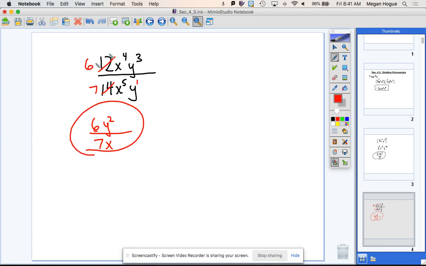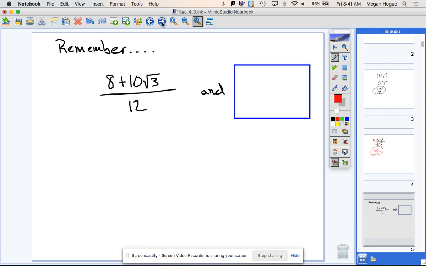This idea is what we're going to build off of a lot. And it's going to kind of get combined with this idea. We're going to remember back to stuff we had when we had answers that look like this. So go ahead and write down this: 8 plus 10 square root of 3 over 12.